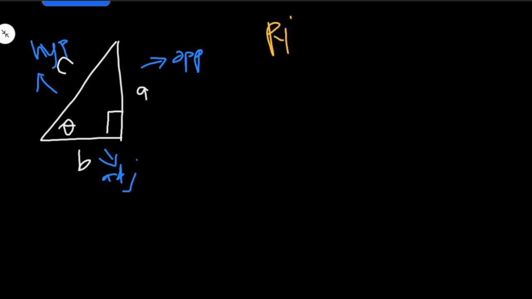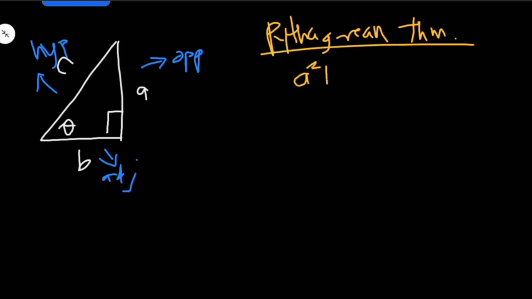So in the Pythagorean theorem, we have the formula a squared plus b squared is equal to c squared.